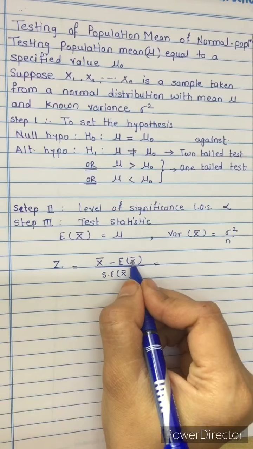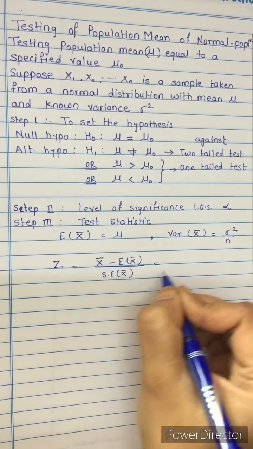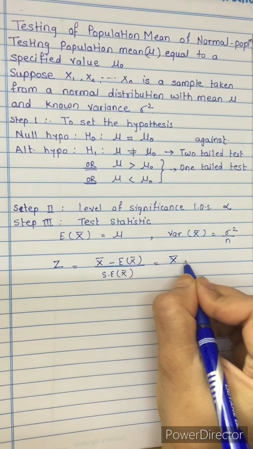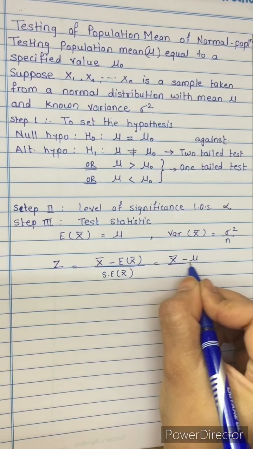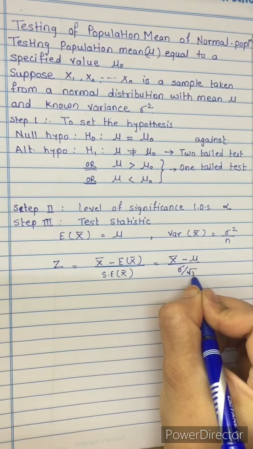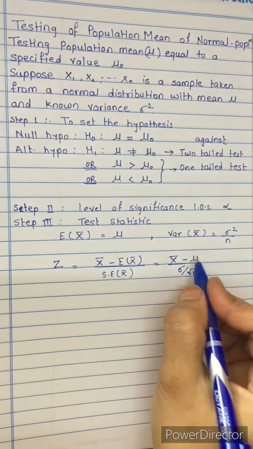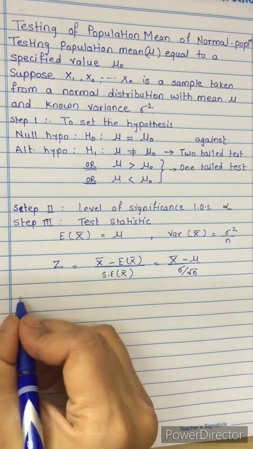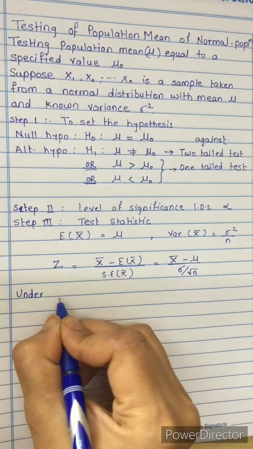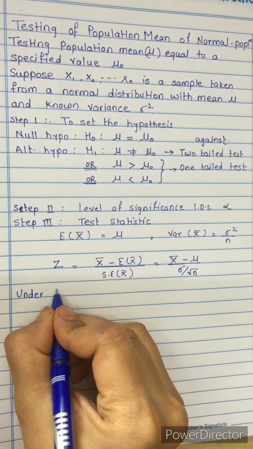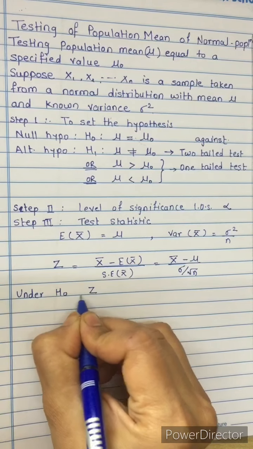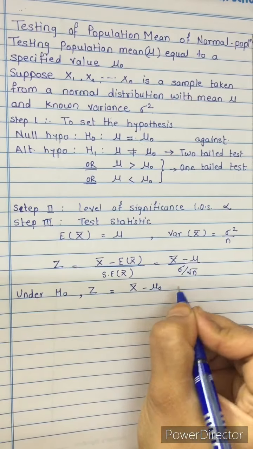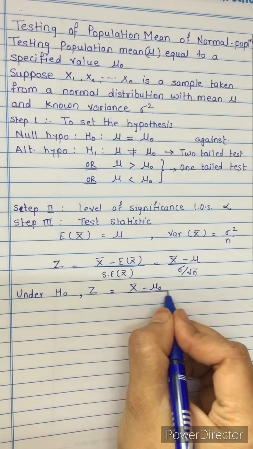Here we know the value of expectation of x bar and standard error of x bar. So we put the value here. x bar minus mu divided by sigma upon root n. But under H naught, we know the specified value of mu. So, under H naught, whatever mean value we consider under null hypothesis, that only we consider here, that is z is equal to x bar minus mu naught, divided by sigma upon root n.